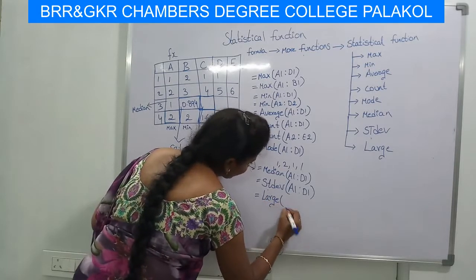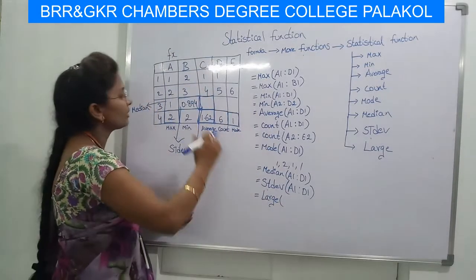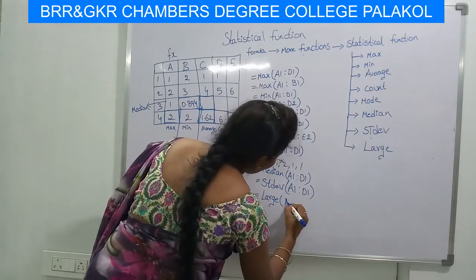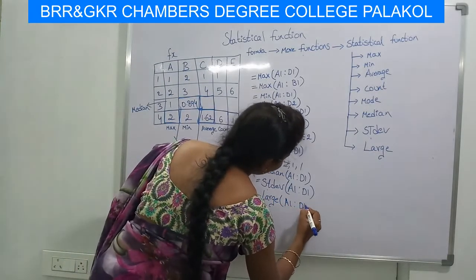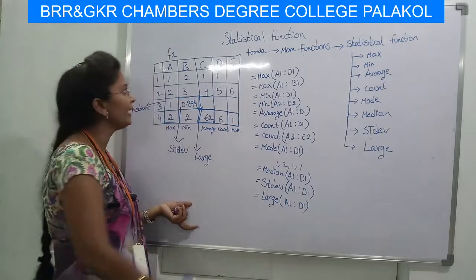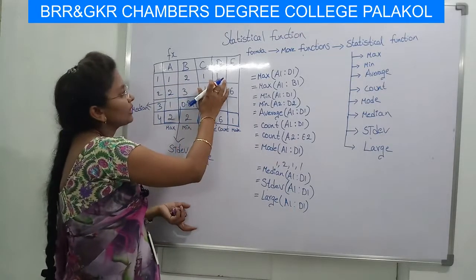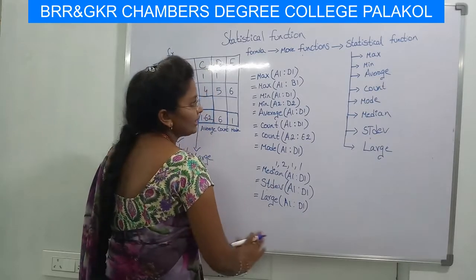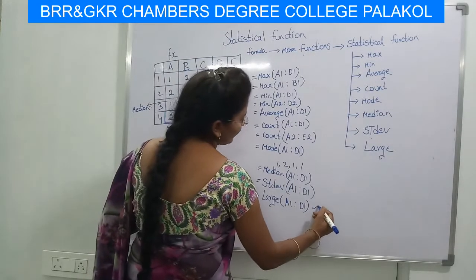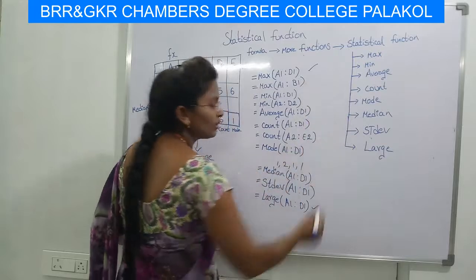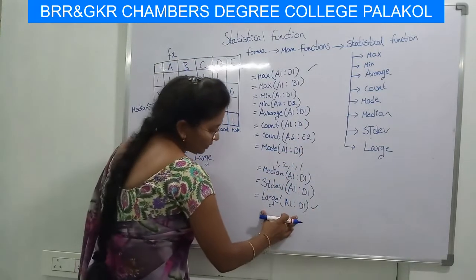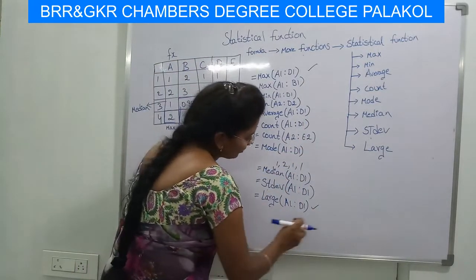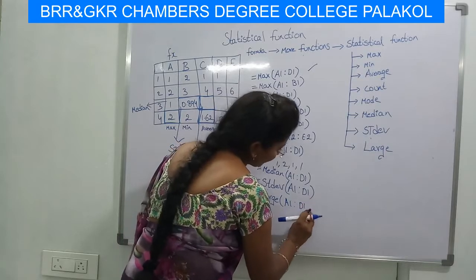Large, I am writing the formula for the first data, that means A1 up to D1, which takes 1, 2, 1, 1. If I write the formula like this, the result will be displayed same as the maximum only. This is the wrong way.